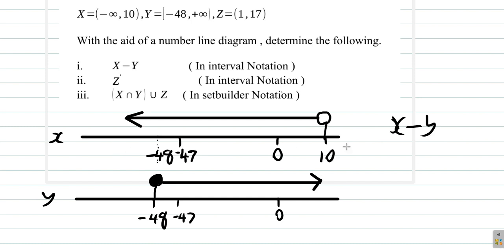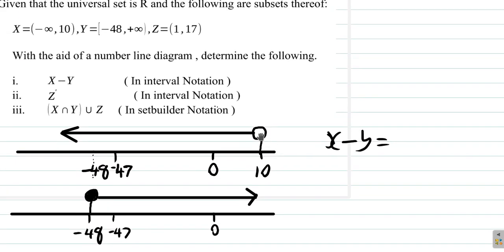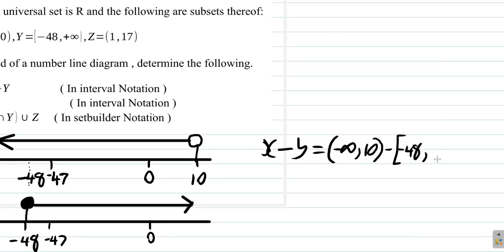So here now, you have this part, x minus y. You could write it as negative infinity to 10 minus negative 48 to infinity, if you want.